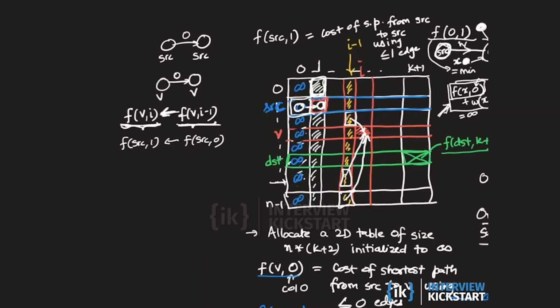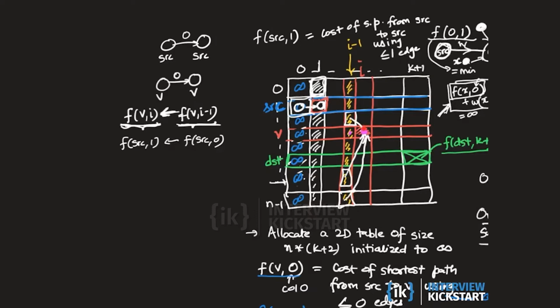So this means that when you're looking at a general cell, let's say f of v comma i, the value here can start out by being initialized to the value in the cell to its immediate left. And in general, that's true for any column. When we are thinking of filling in column i, all of the values in column i can start out by being equal to the corresponding values in column i minus 1.